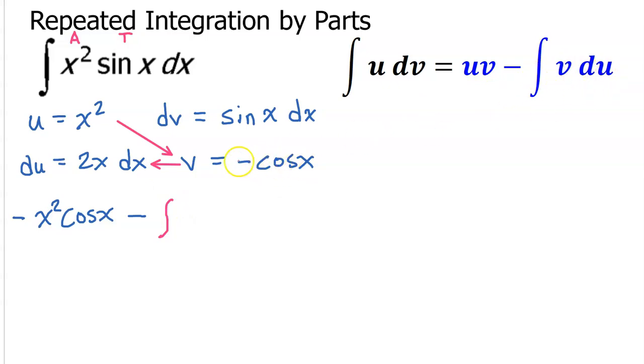That's going to be this times this. Notice there's a negative in there. That's going to come out front and turn this into a positive. So I'm left with 2x times cosine x dx.